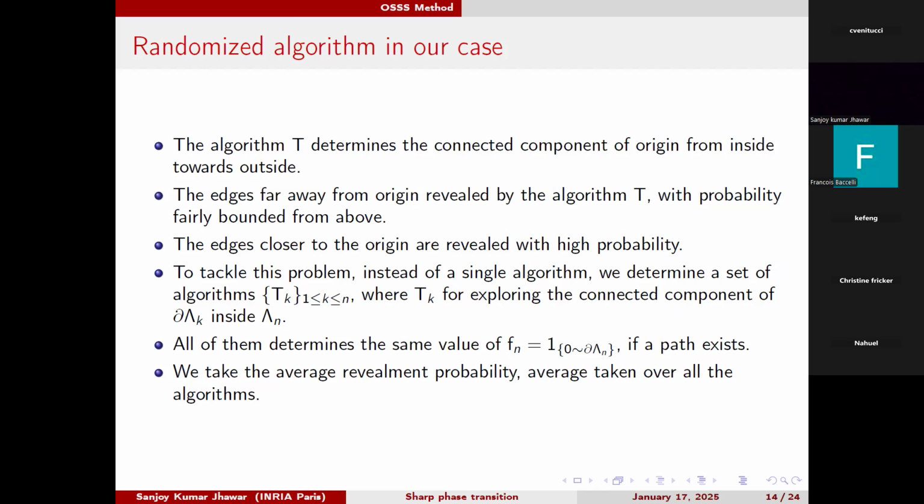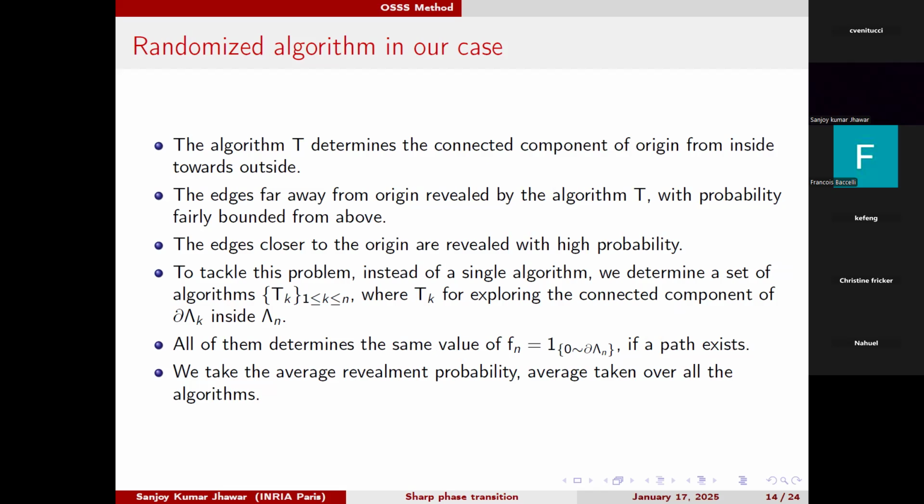If you go one step forward using the algorithm T_2, it gives you a two-hop path from the boundary of Lambda_2 to the origin. You are exploring the connected component of the boundary, right?